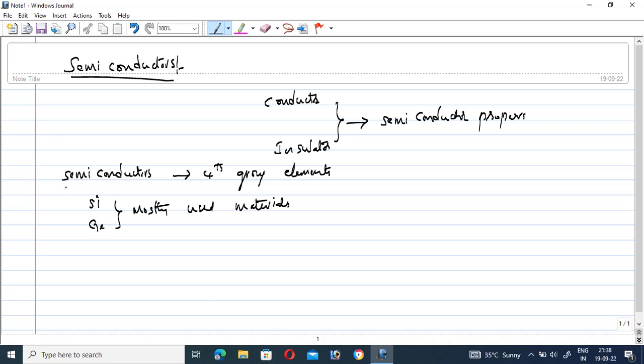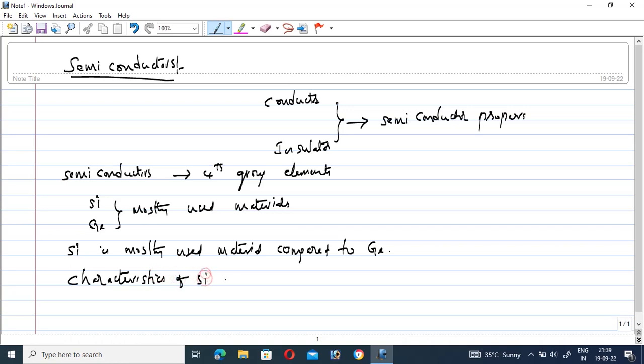Silicon is the mostly used material compared to germanium, because the characteristics of silicon do not change with respect to temperature.